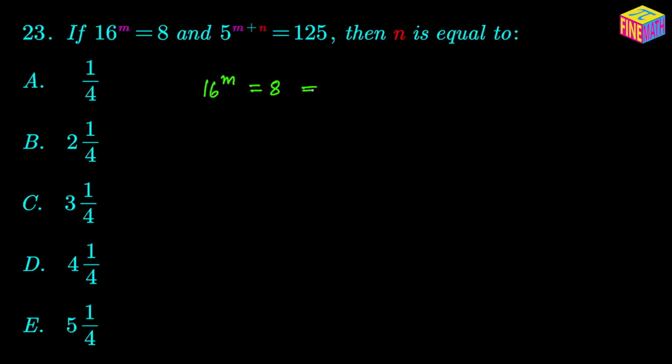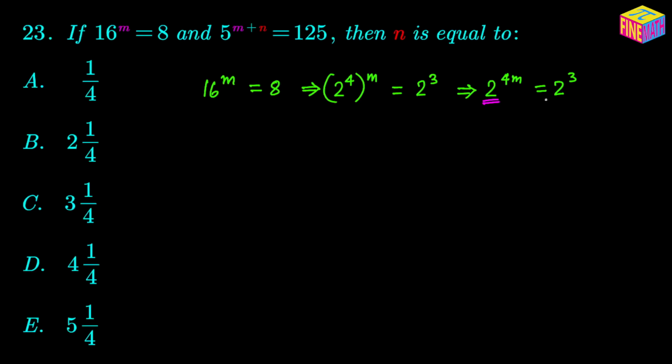With that concept, can we write 16 as 2 to the power 4, and then we also have a power m, which is whole to the power m, and that would be equal to 8. Can we write 8 as 2 cubed? Now, 2 to the power 4 times m would be equal to 2 cubed. So you can clearly see that now we have both of them in the same base.